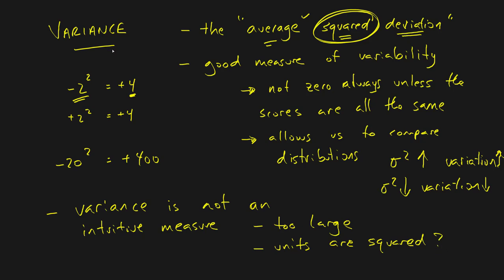Now, variance is used in statistics quite a bit. However, if you want to talk to people about variation in a very straightforward way that can be easily understood, at least in terms of the result that you give them, that's where you have to move to the standard deviation.